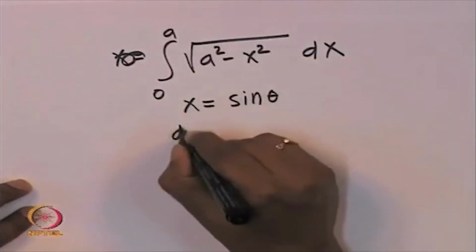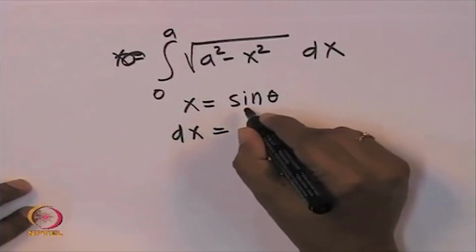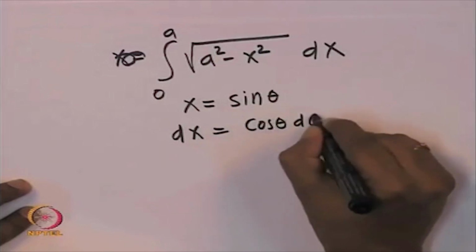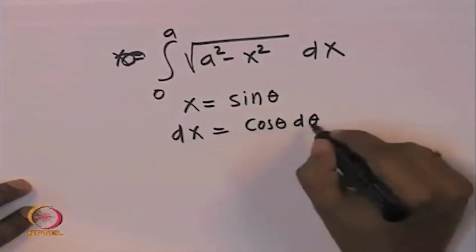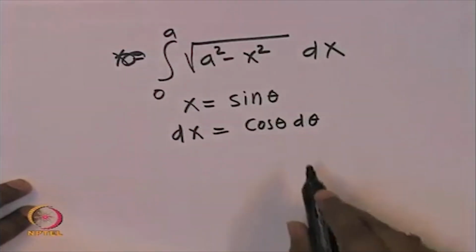What does this mean? dx is the derivative of sin theta, which is cos theta d theta, because dx by d theta will be cos theta. So dx is cos theta d theta.